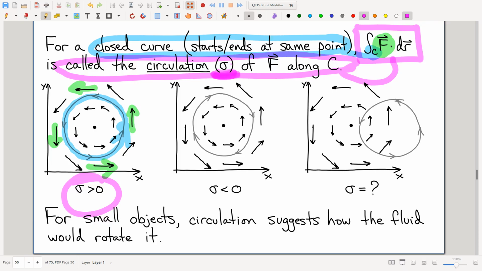Then let's look at this next example. Very, very similar looking example, just very importantly, now the curve is going the other way. Same vector field, same fluid flow, and wherever you might happen to be on the curve, the curve is going like this, but the fluid is flowing in the opposite direction.